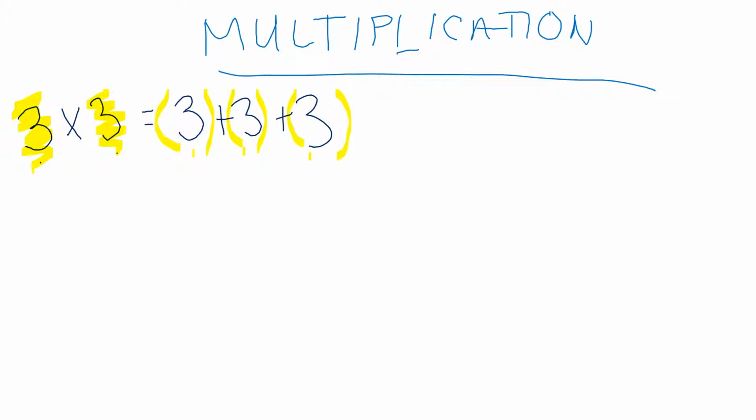Now, 3 plus 3 is 6, plus 3 is 9. So, 3 times 3 equals 9.